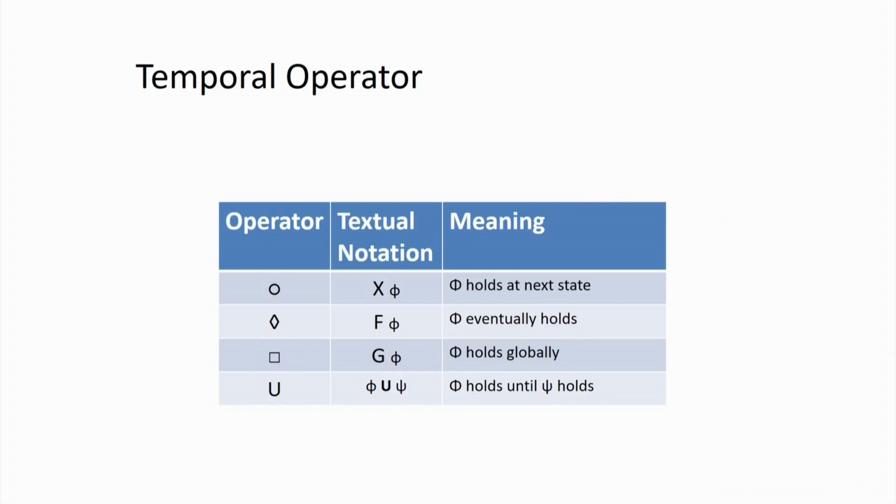If you look at the historical development of temporal operators, it has given some symbols to represent them: circle, diamond, box and U. These are the operator symbols generally used in temporal logic, but nowadays we represent those operators with textual notation, and in the case of textual notation, the alphabets we use are X, F, G and U. X is nothing but the next step. This is X. F is basically future.